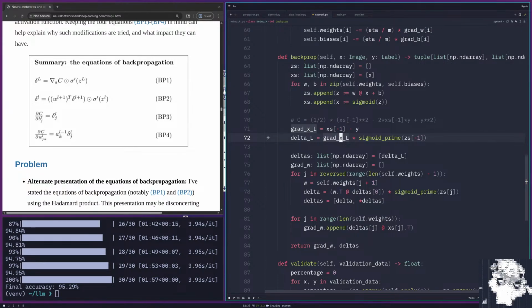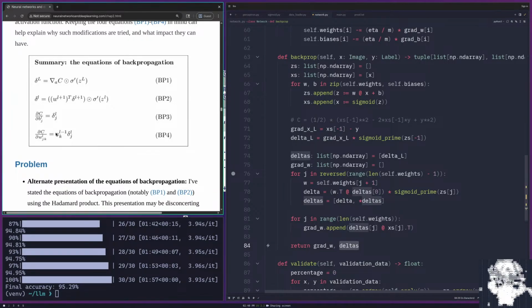Okay. I don't know. It didn't really help me write this any better. It seems like it should, though. Just because, well, BP3, I don't even have to do anything. That's just returning deltas here.